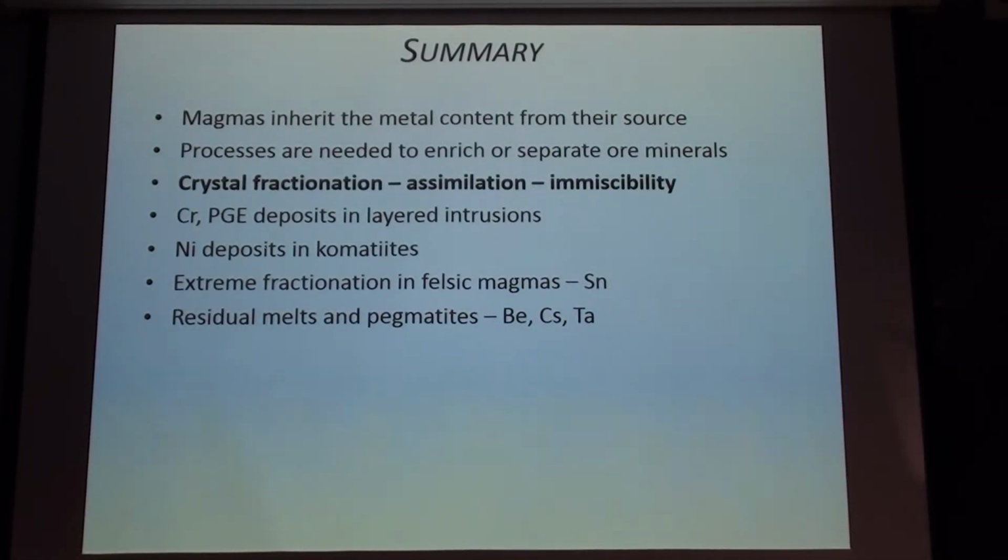And depending on the magma type and deposit type, we will be looking at different ore deposits like chrome and PGEs in mafic intrusions, nickel in komatiites, and deposits related to extremely fractionated magmas, which is tin, uranium, and rare earth elements. And then at the end stage, basically the formation of pegmatites that have these ore associations.